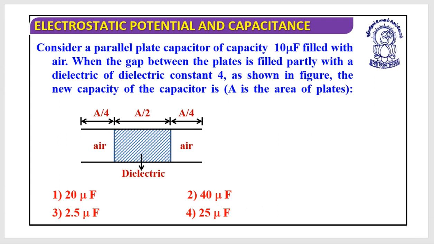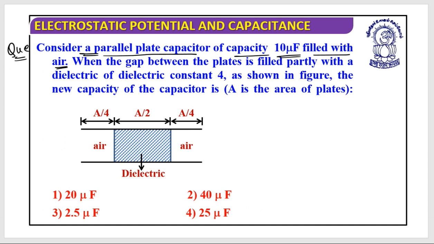Look at the question. Consider a parallel plate capacitor of capacity 10 microfarad filled with air. When it is filled with air, that means nothing has been placed and air is used as the dielectric.